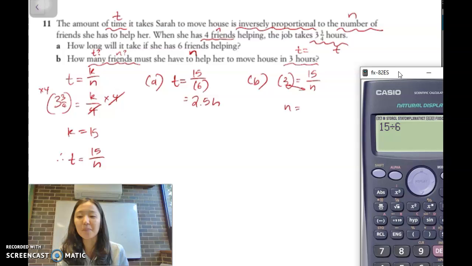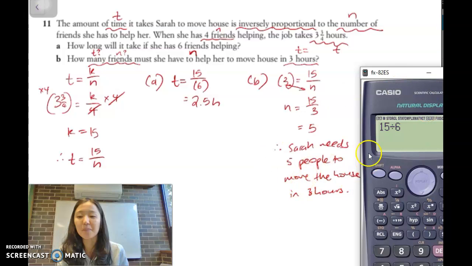That gives me n is equal to 15 over 3, which is 5. So she needs 5 people to help her move the house in 3 hours. We can write that as an answer: therefore Sarah needs 5 people to move the house in 3 hours. Again, we answered our question in our context using correct units.